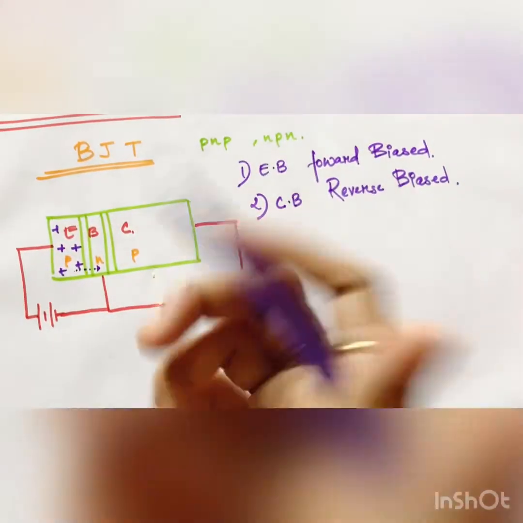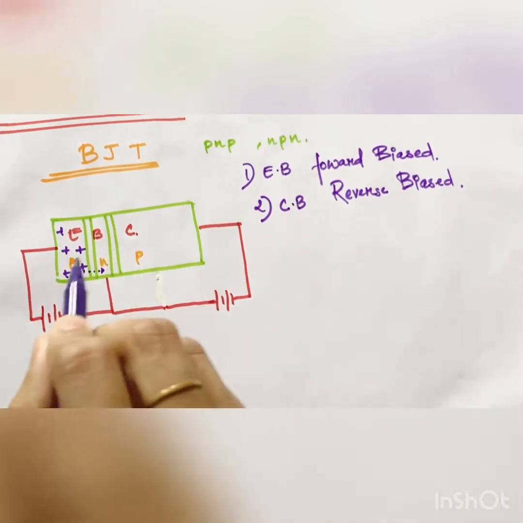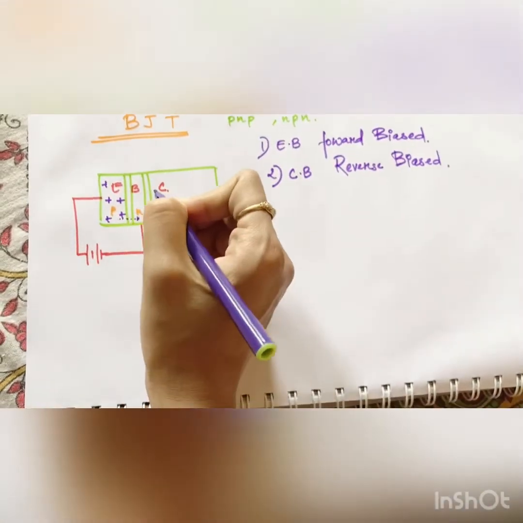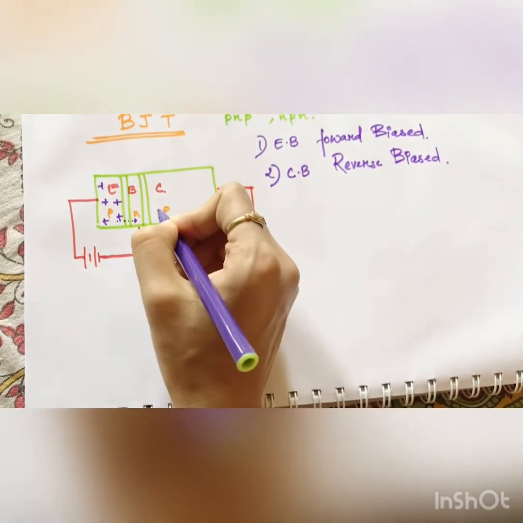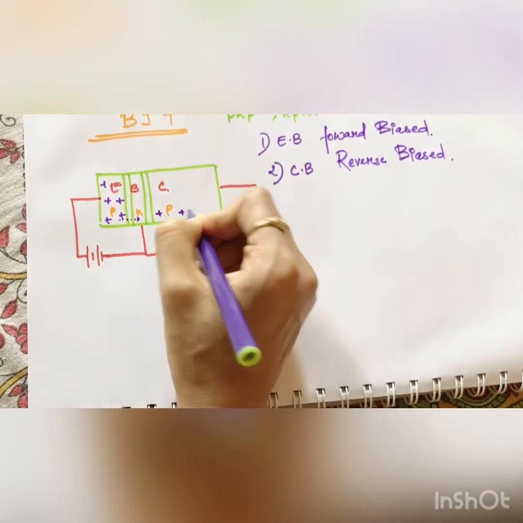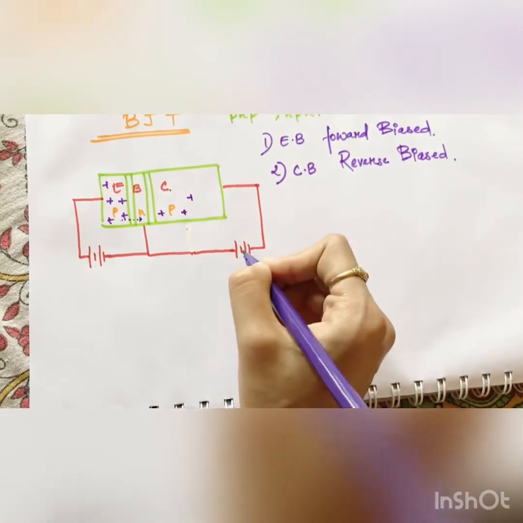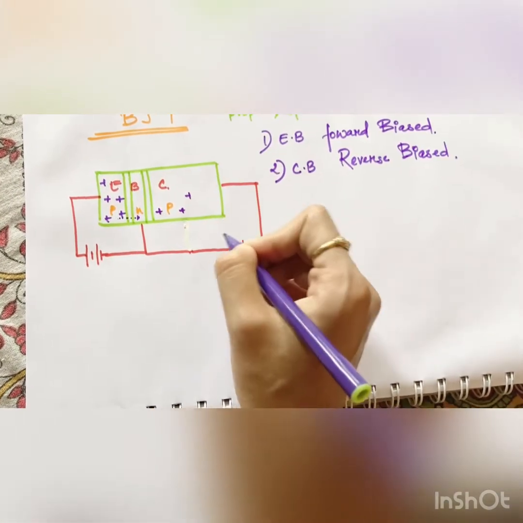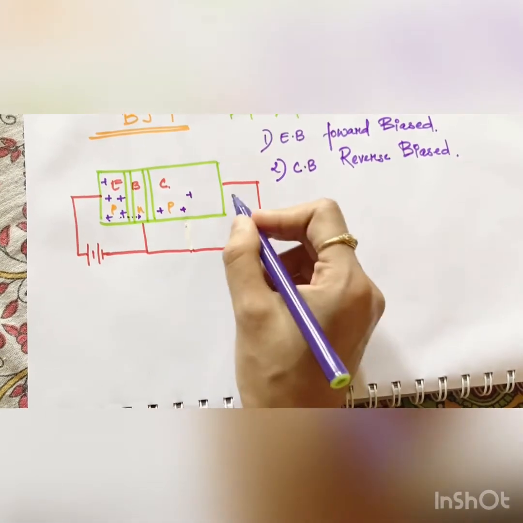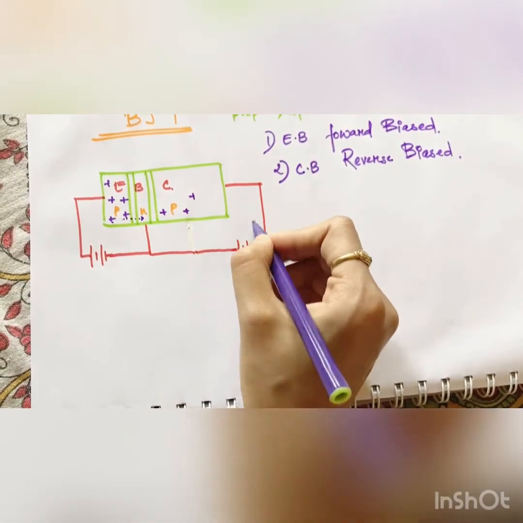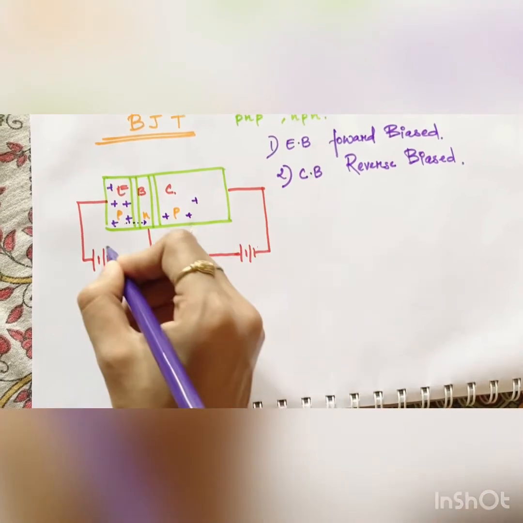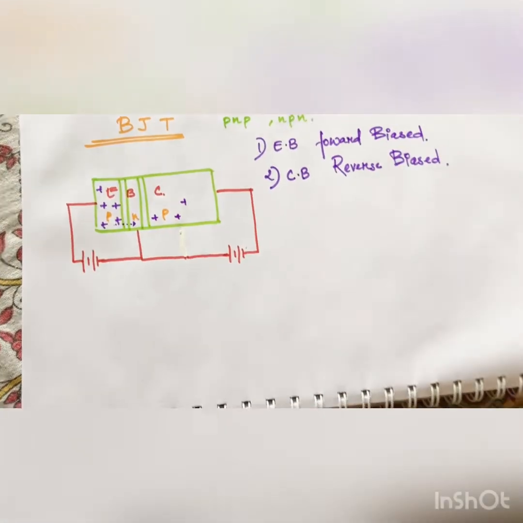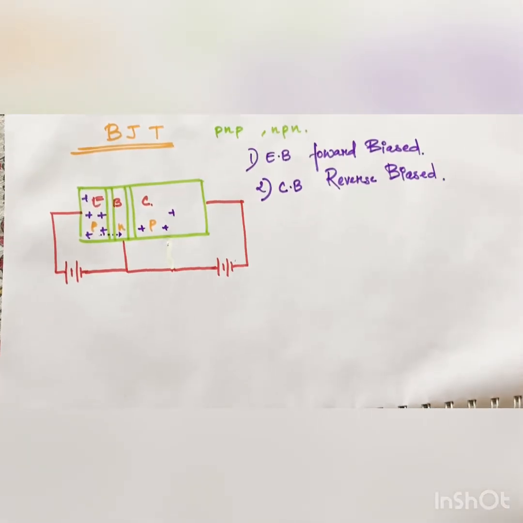The remaining majority carriers will pass through the base junction and be collected in the collector. Since it is a negative terminal, it will attract the positive charge, the holes. This is how the charge carriers flow, this is how the current flows in the transistor, and this is how the transistor works.